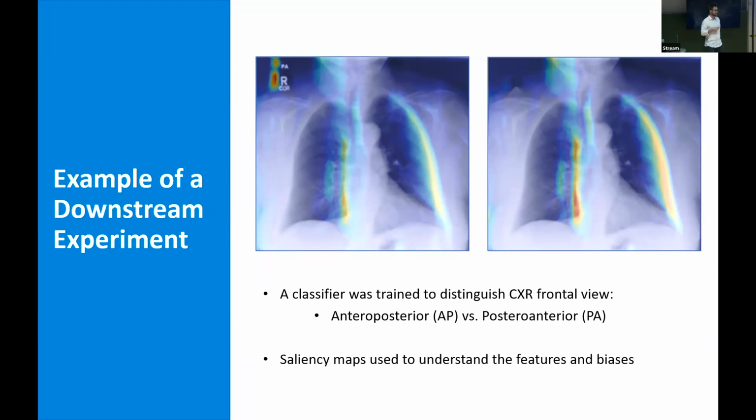And we classified it as AP, likely as a result of those annotations in the corner. When you remove the annotations, the prediction flipped, and the model got the prediction correct. That just shows how something as simple as removing the annotations can flip the prediction and hopefully eliminate some bias.